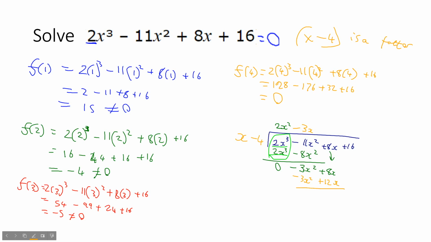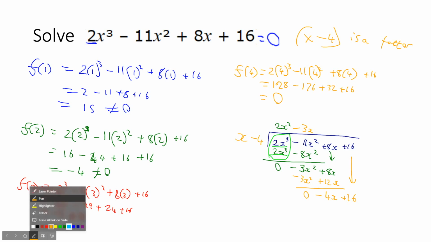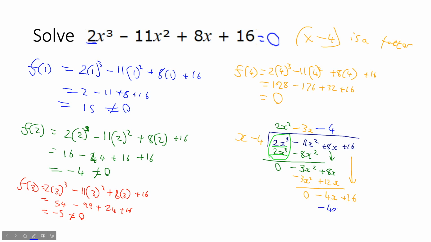So when we do that, we get 0 minus 4x. And then we put the 16 down. And then how many times does x minus 4 go into minus 4x? That's just going to be minus 4. So then we're left with minus 4x. Minus 4 times minus 4 is plus 16. And so it's equal to 0.